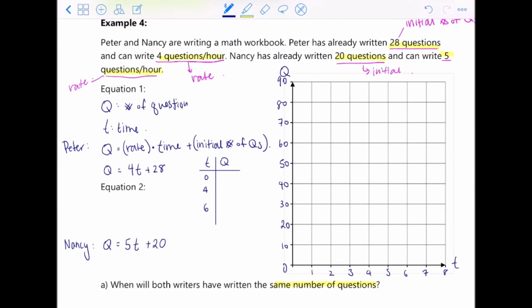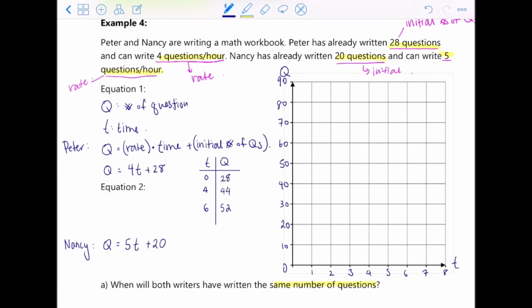At 0, Q is 28. At T equals 4, we get 44. And when T equals 6, we get 52.